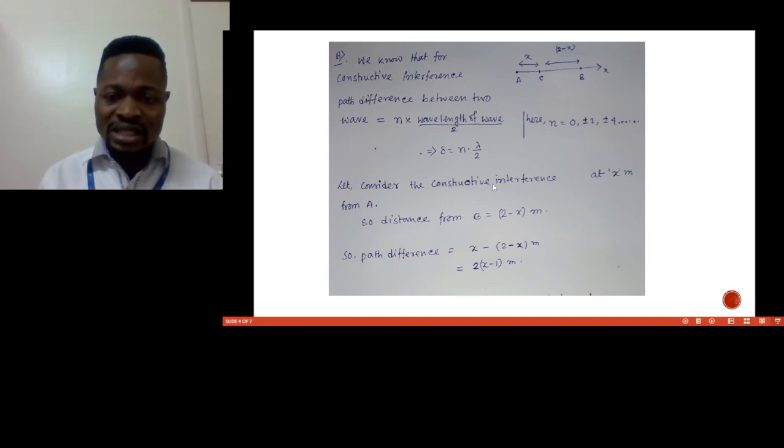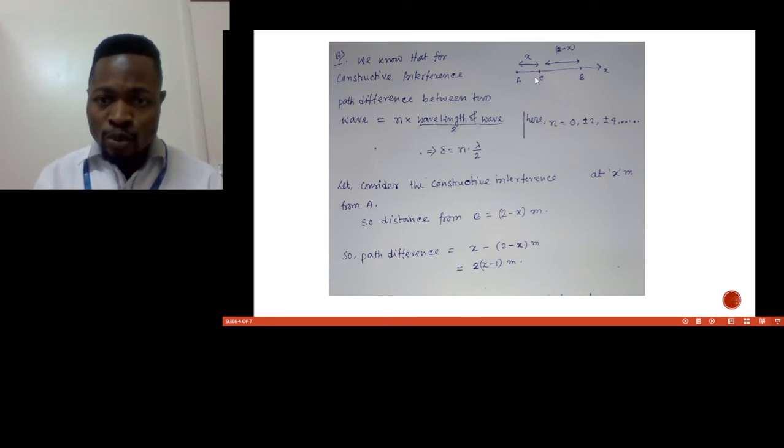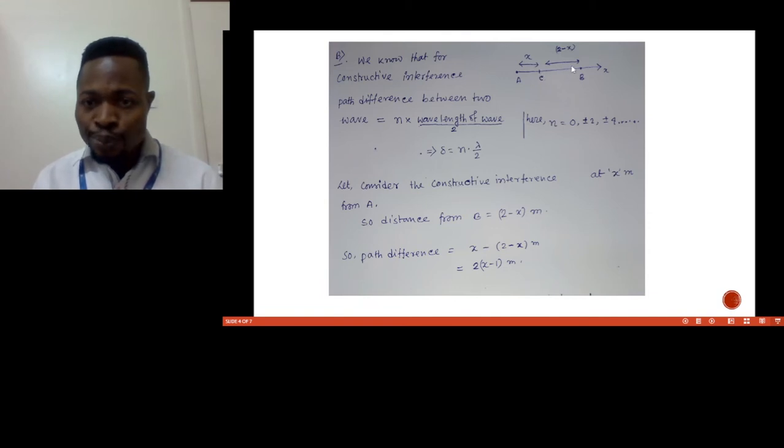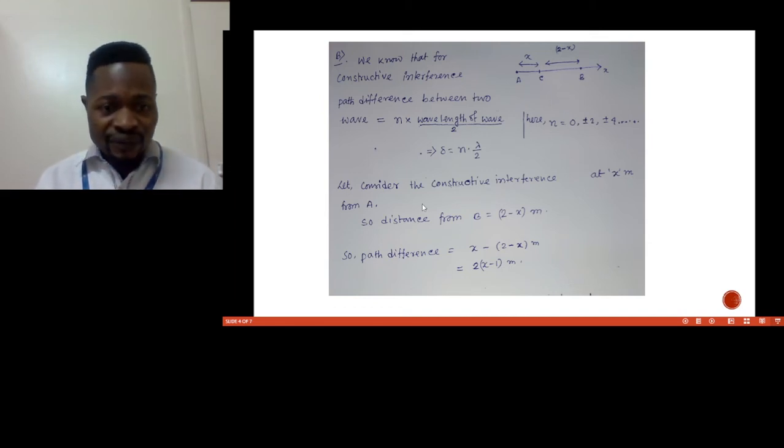So let's consider the constructive interference at x meters from A. Remember we have x. Look at this small illustration that I have put here. Between A and point C is our x, and between point C and B is 2 minus x, because we are looking at where the constructive interference occurs.